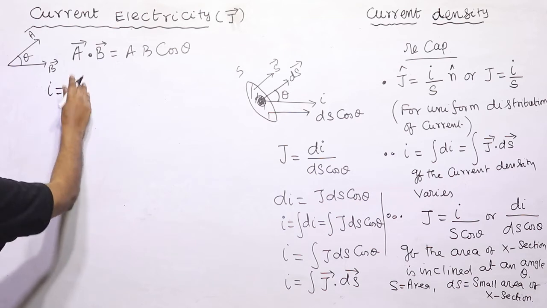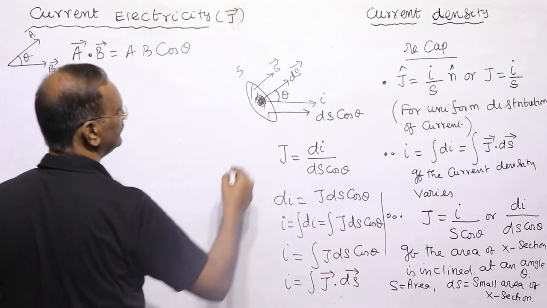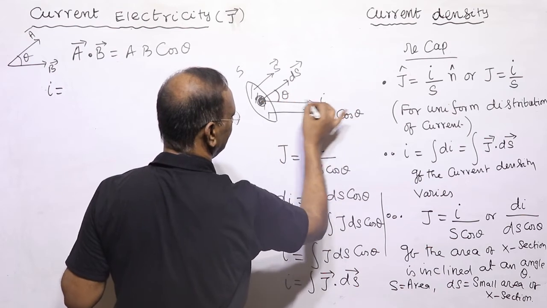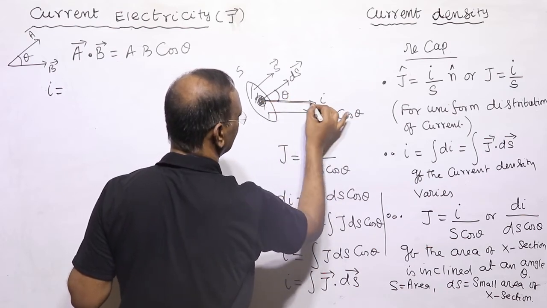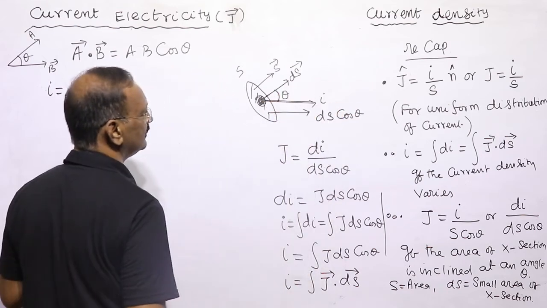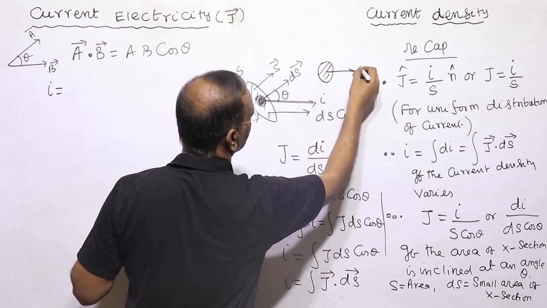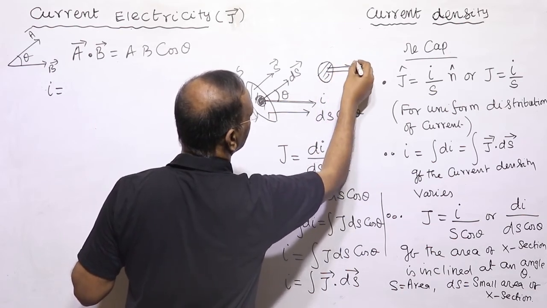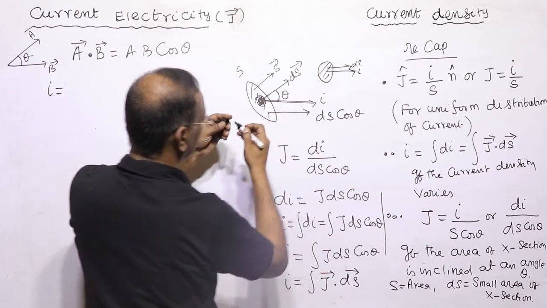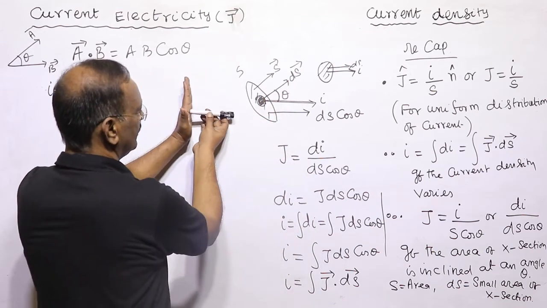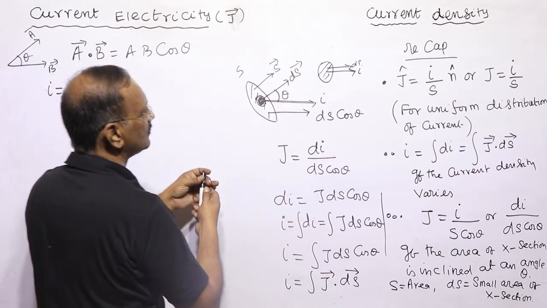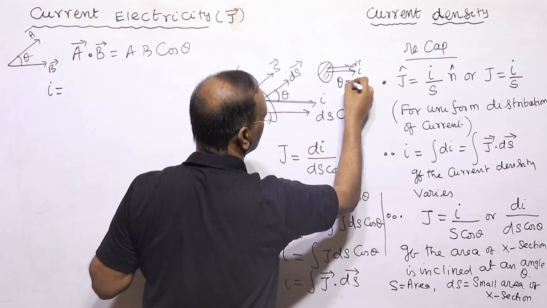J dot ds means, if the angle between the ds vector and the direction of current is 0, that means if this is the cross section area, and this is the direction of current, then the ds vector, the perpendicular component of the surface, will be along the same direction. So the angle between them is equal to 0.